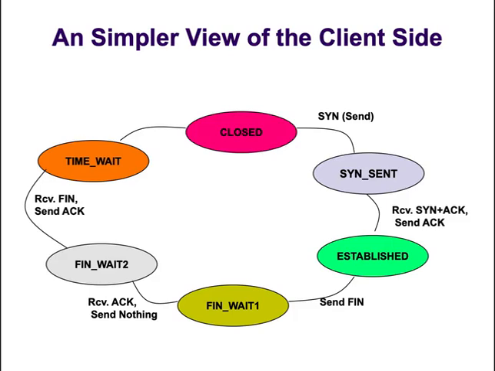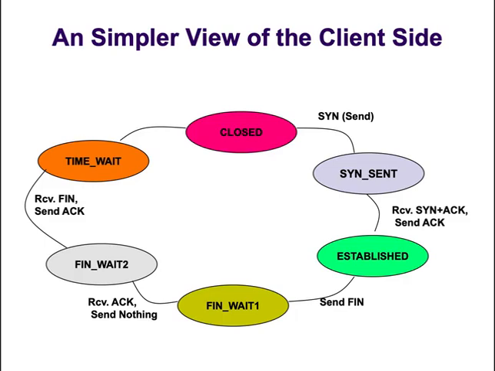So let's step through that. If you're closed, you send a SYN message. This is the beginning of the three-way handshake, at which point you enter the SYN sent state, where you're waiting for the acknowledgement. When you receive a SYN ACK, you send an ACK in turn, and then you're in the established state. You send data and ACKs while you're in this established state. Finally, when you're done, you send a FIN.